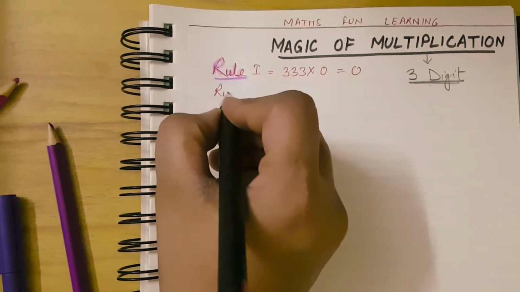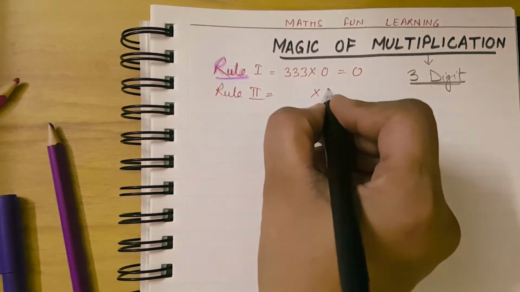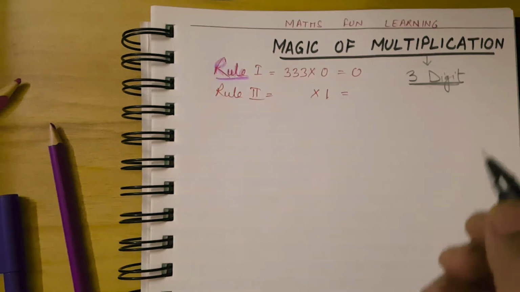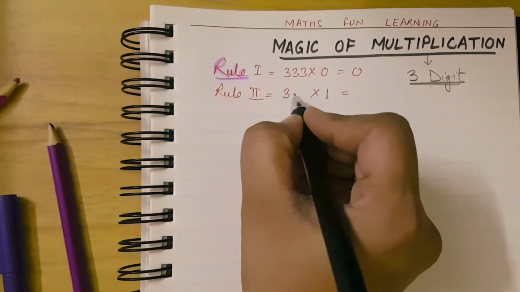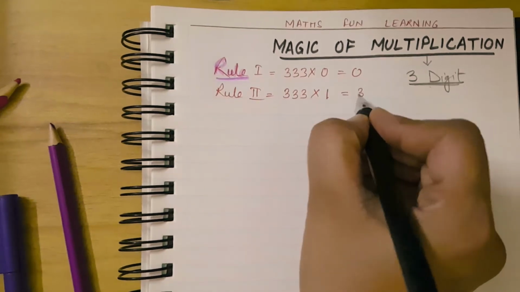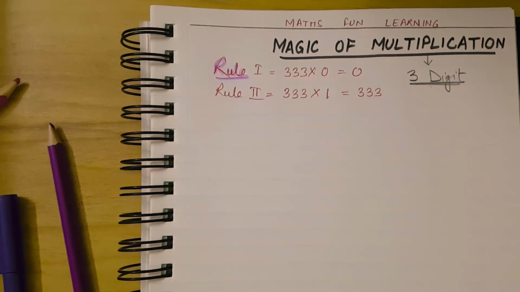Rule number 2 is, if we multiply any number with 1, the answer is the number itself. Let's take the upper number only. The answer is the same. So these two rules you always have to remember.